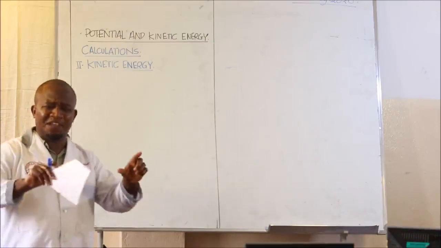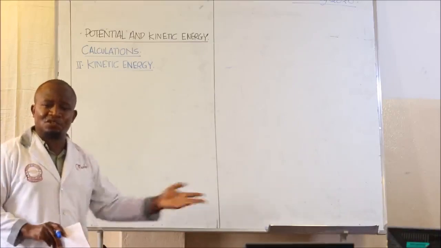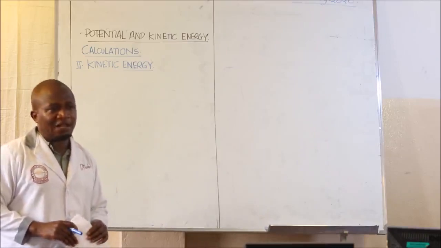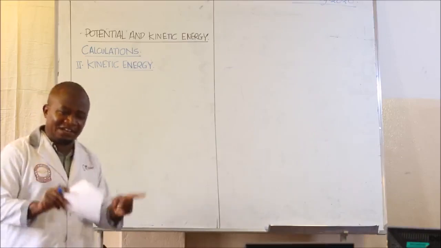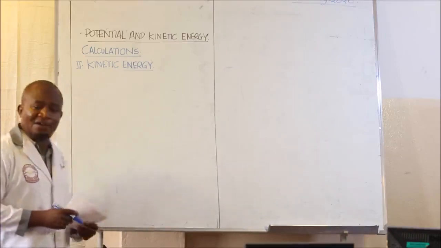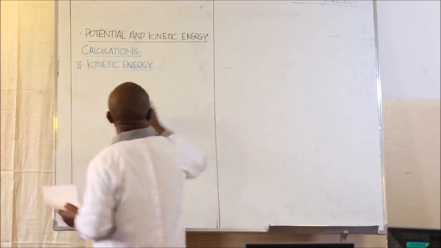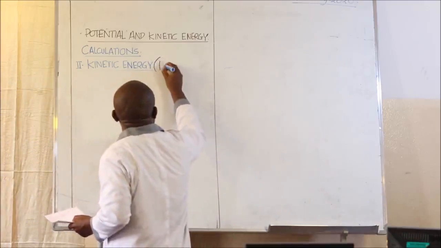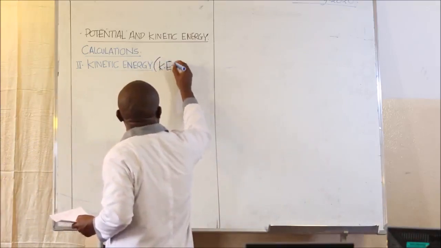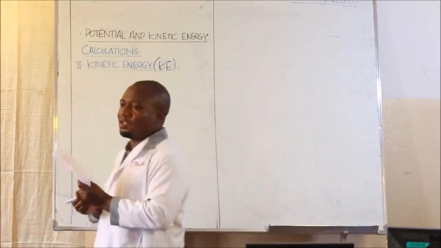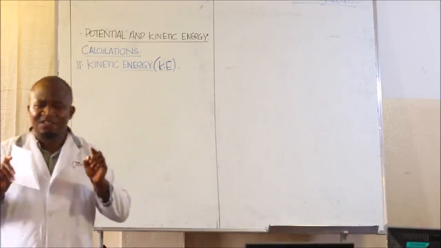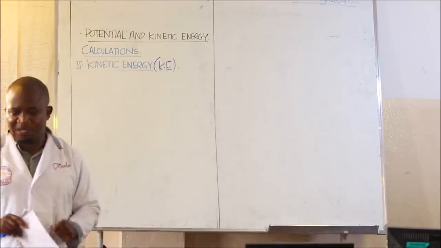Any moving body possesses the so-called kinetic energy. Therefore, to calculate kinetic energy, we have a formula. As I told you, the abbreviation of kinetic energy is KE. In our calculations, the most important part is the formula.